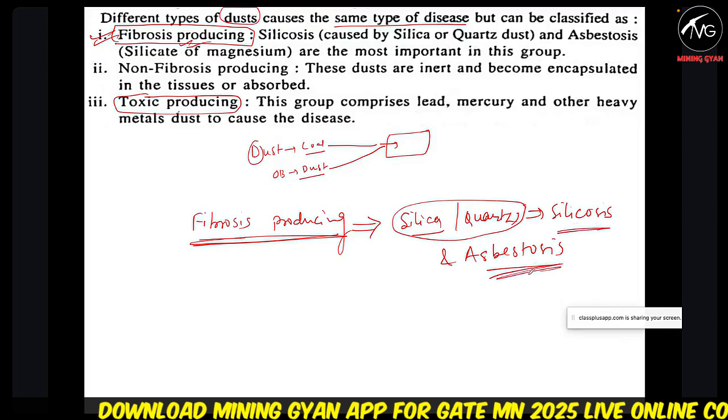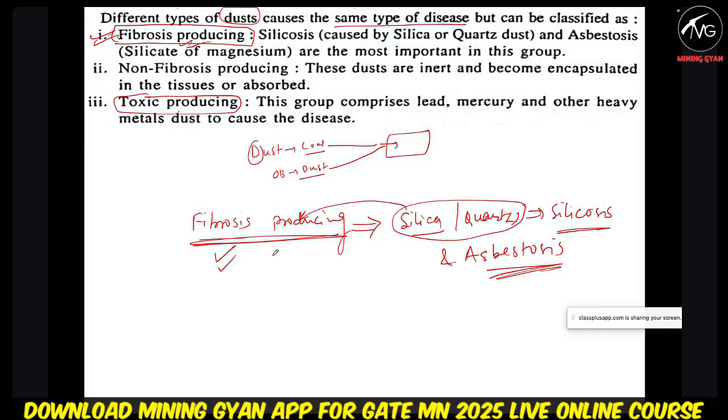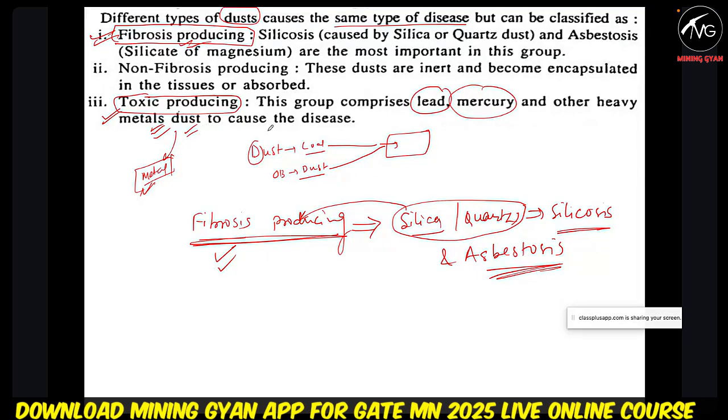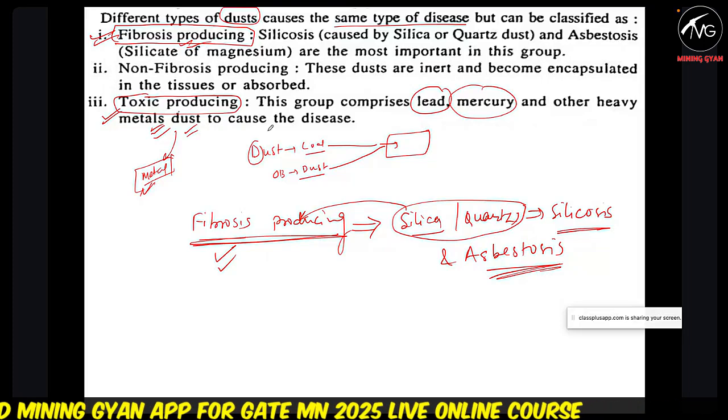Silicosis and asbestosis are caused by fibrosis producing dust. Toxic producing is generally, you should remember, lead, mercury, and other metal dust, if you are working in the metal mines, or some of you may be working in the metal mines. So fibrosis producing and toxic producing, you should remember.